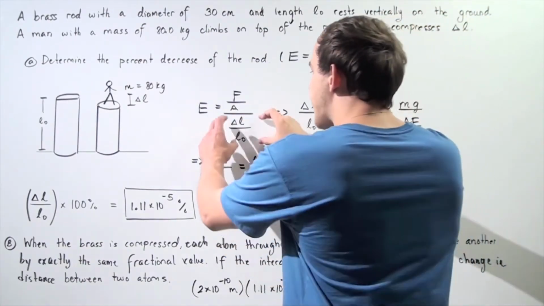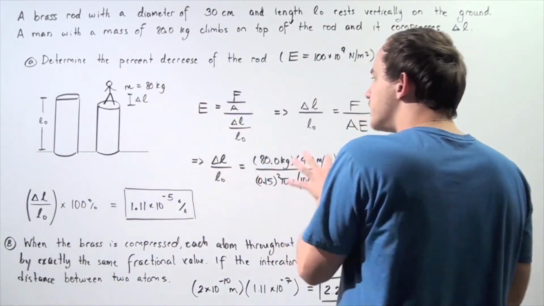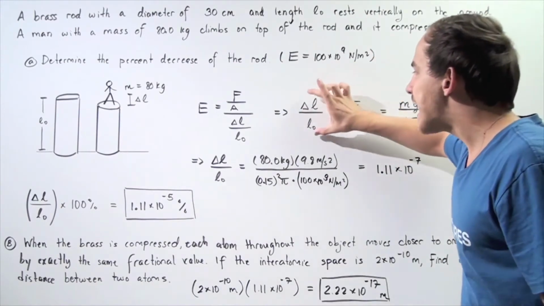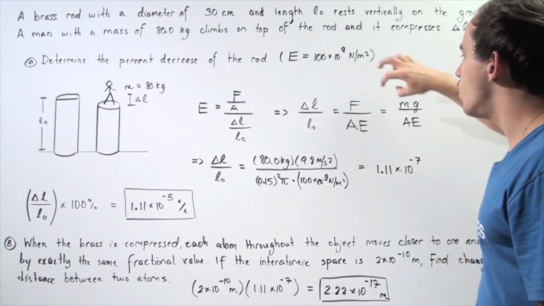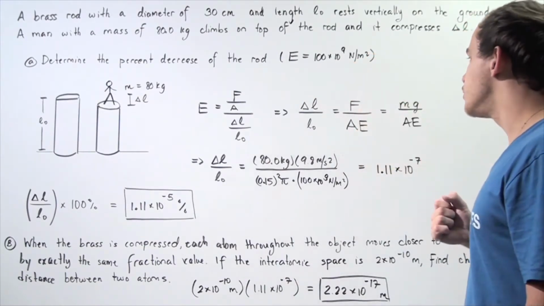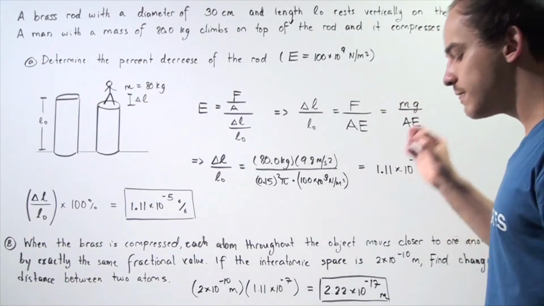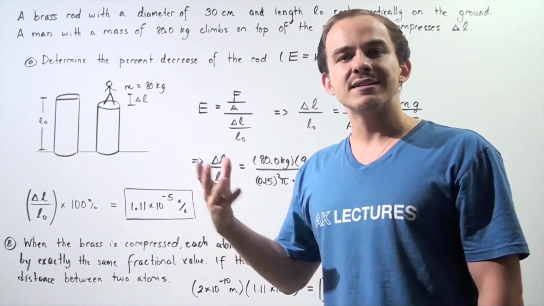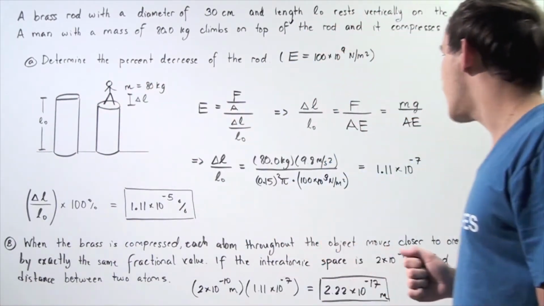So we basically take this quantity and bring it over to the left side and take E and bring it to the right side. And we get the following result. Our fractional decrease of the rod is equal to force divided by area times E, Young's modulus. Now force is simply m times g, because the force that acts on the rod is simply mass times g, the mass of the person times the gravitational constant.